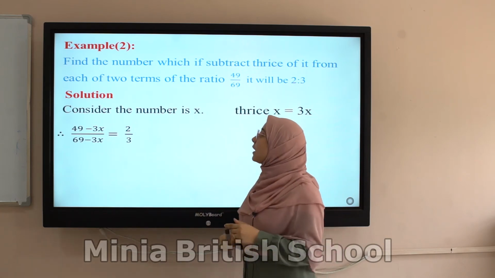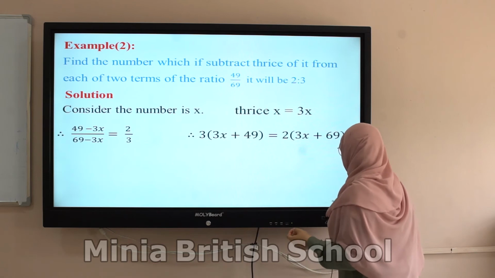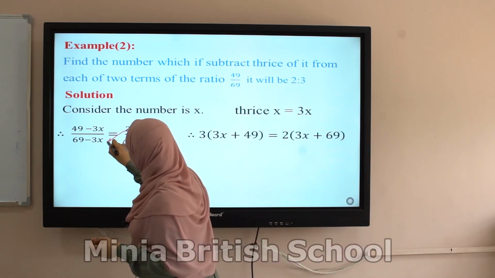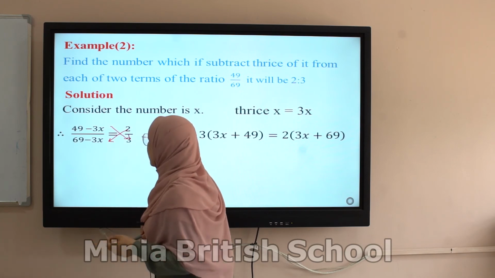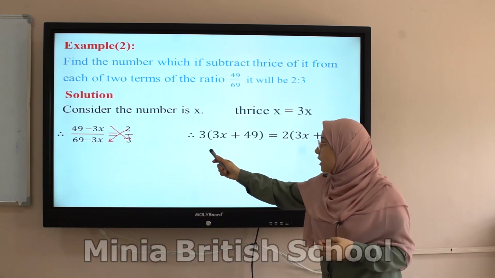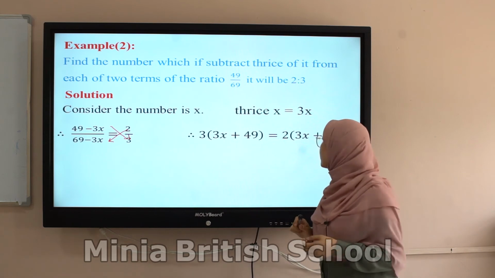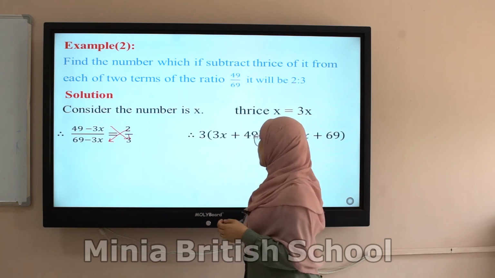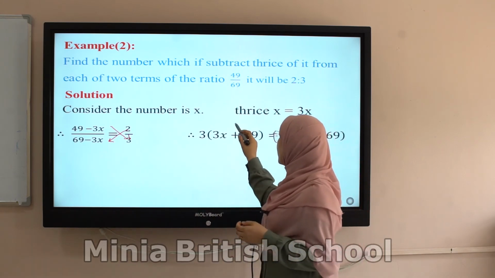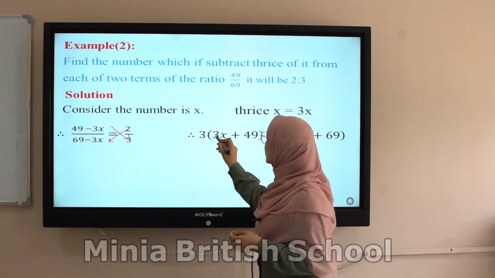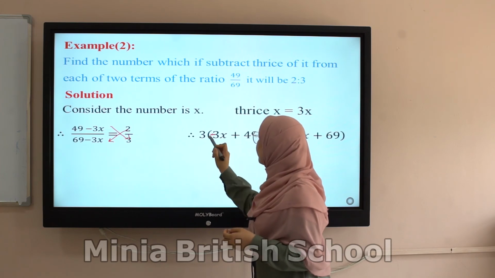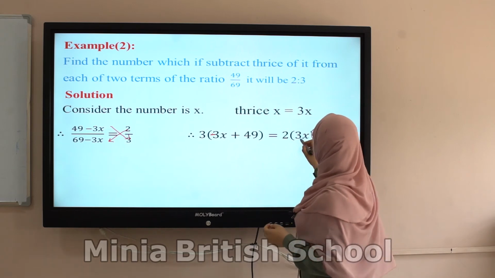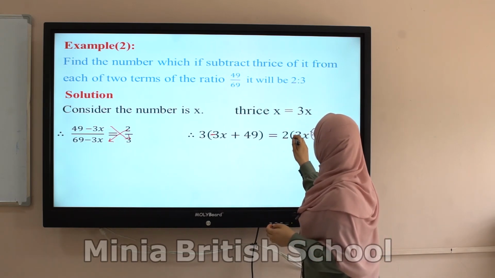Now I will make the scissors, cross multiplication. So 3 times 49 minus 3x. Here I have minus 3x and here I have minus 3x also.